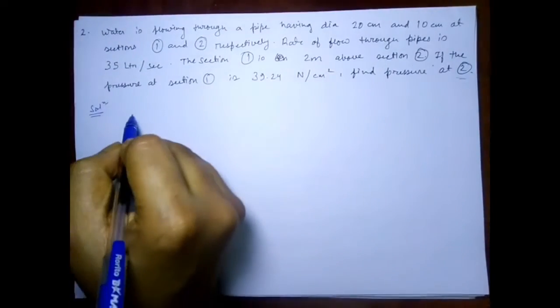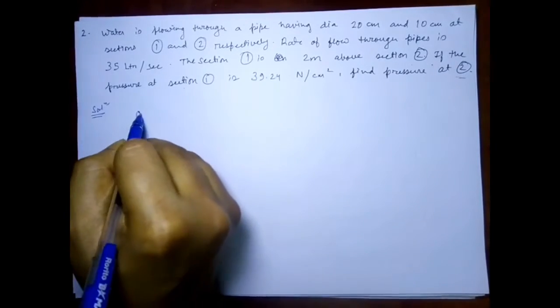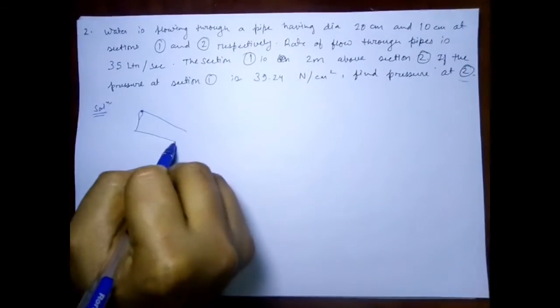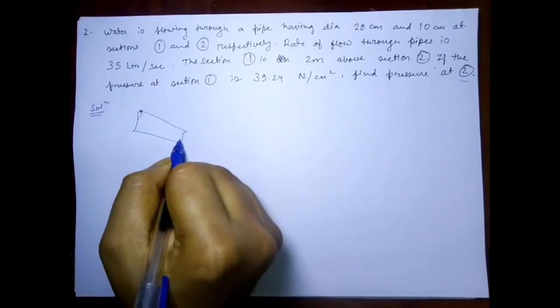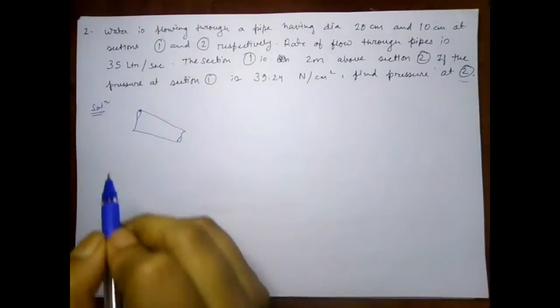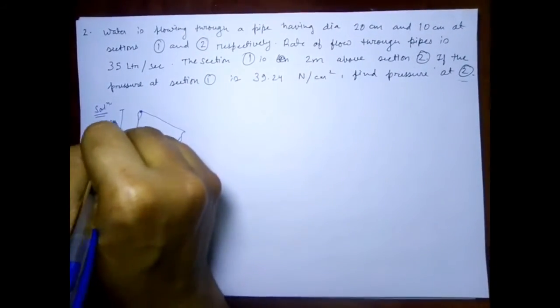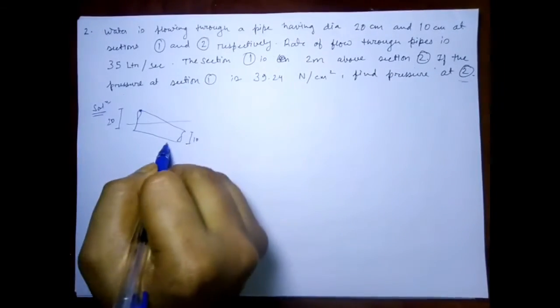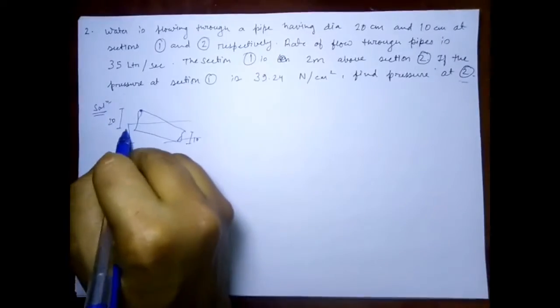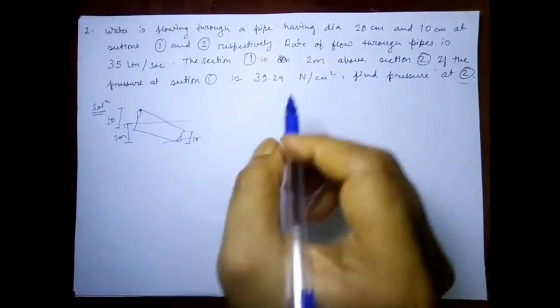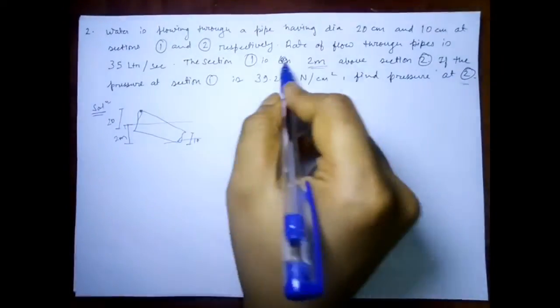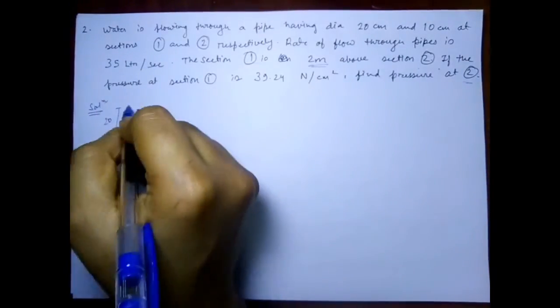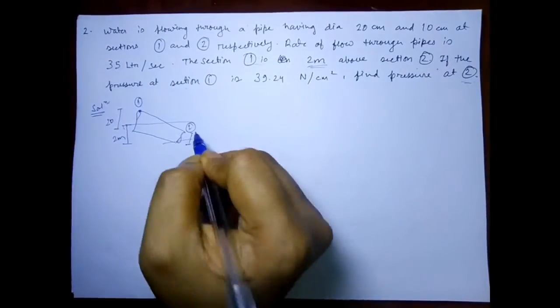So we are given a pipe. One section is thicker than the other one, and it is said that this has diameter 20 and this one has diameter 10, and the difference between the height is 2 meters because section 1 is 2 meter above section 2. This is section 1 and this is section 2.